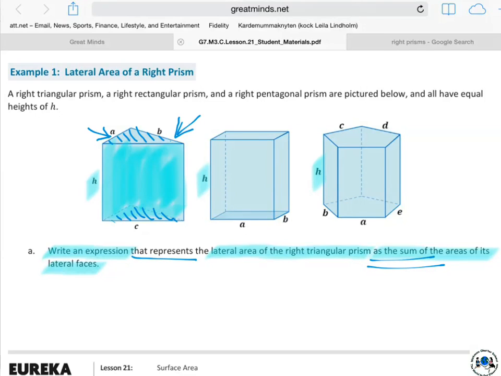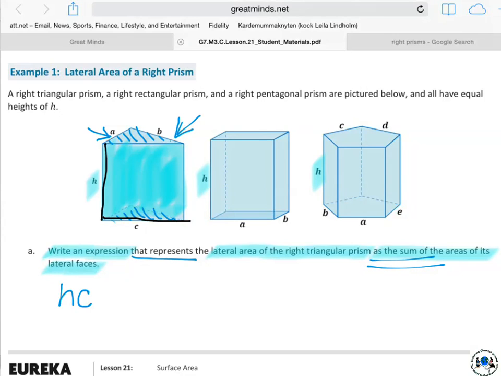Okay, so here we go. Let's write this together. Hopefully you have it already. Let's write an expression that represents the lateral area of this right triangular prism as a sum of its lateral faces. First we have HC, which is H times C, and that would be right here. H is the height, and C is the length, so that is the height times the length.